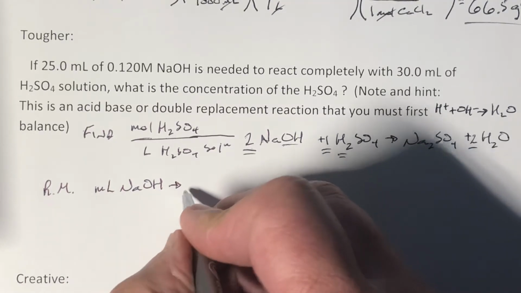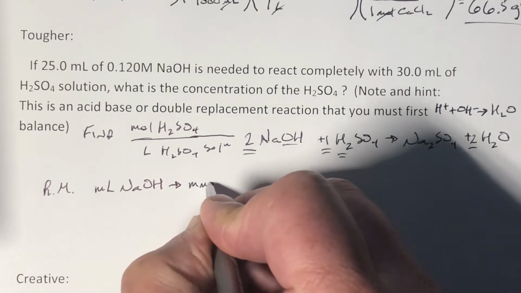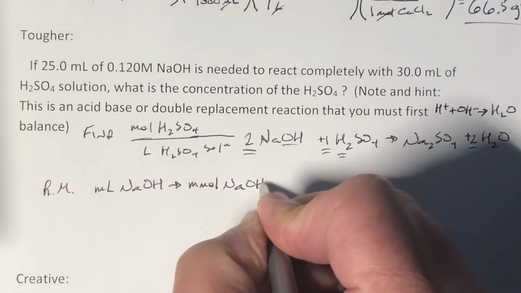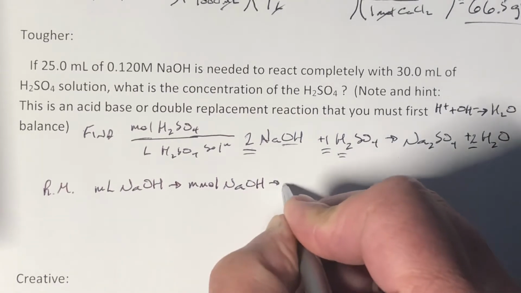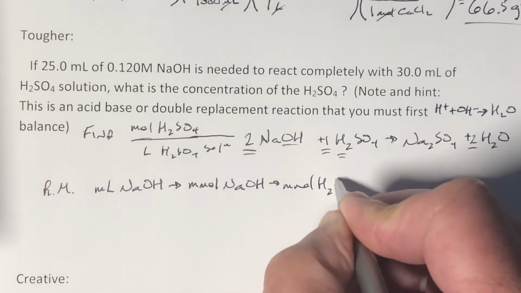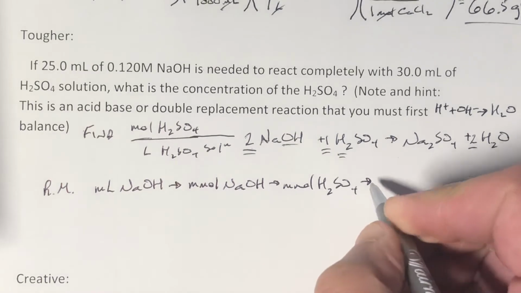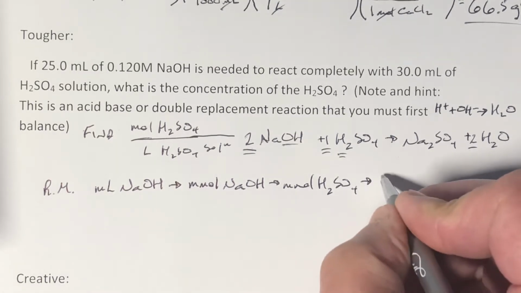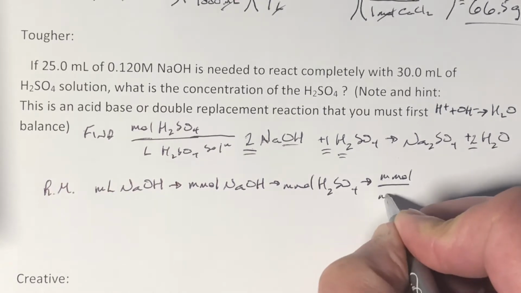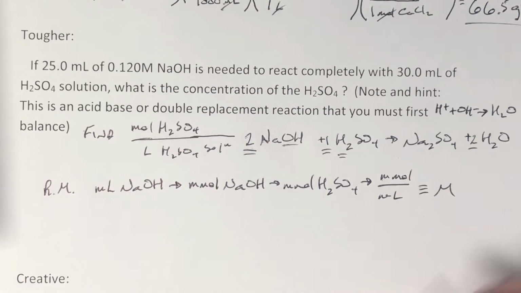So I'll go from milliliters of sodium hydroxide to millimoles of sodium hydroxide, and from there to millimoles of sulfuric acid, and from there to millimoles per milliliter of the sulfuric acid, which is my molarity.